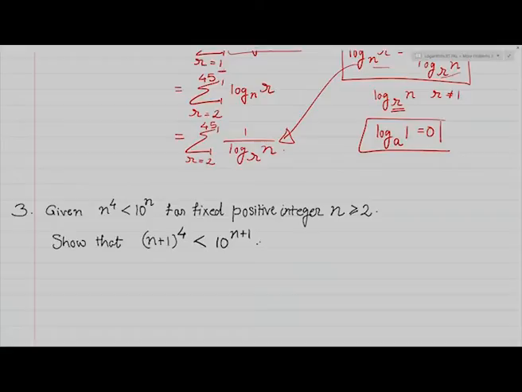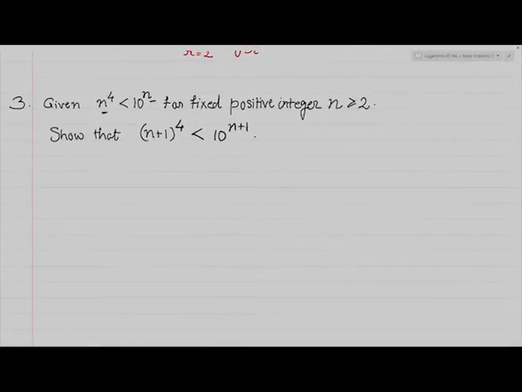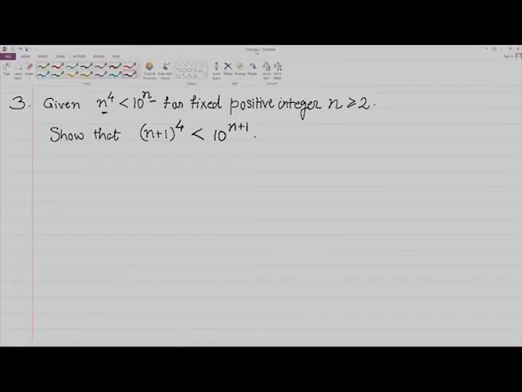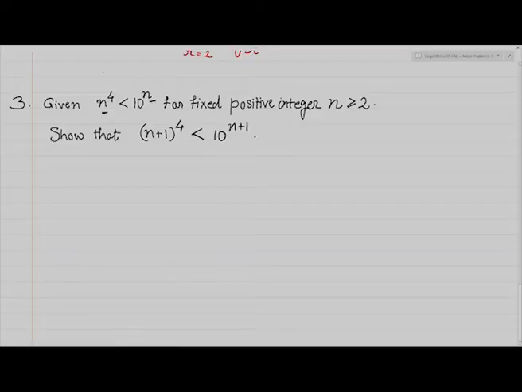Now, first of all, it does not seem to be a logarithm question, but if you look at the location of this n and this n, you can guess that you can solve it using logarithm. So let us try to prove it. What we have been given, let me change the color of the marker, use a blue marker this time.